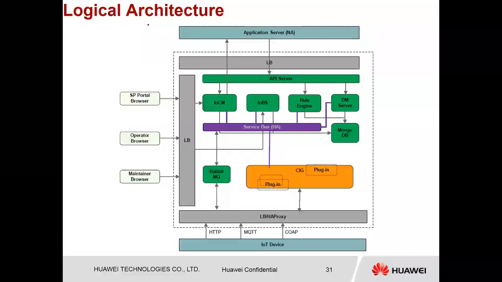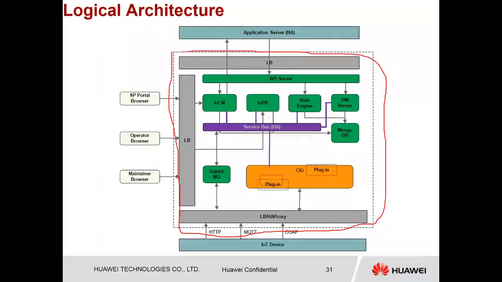And next is our IoT platform. It includes many types of processes and different functions. The lower part is for the device. This one we call the LB, load balance.